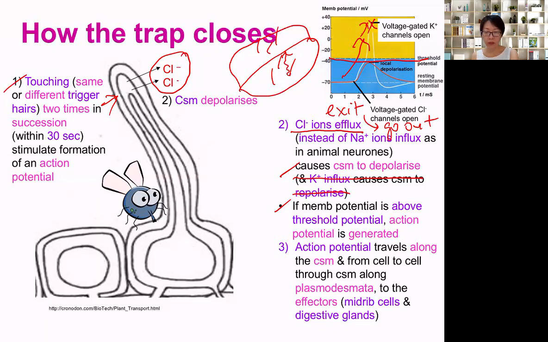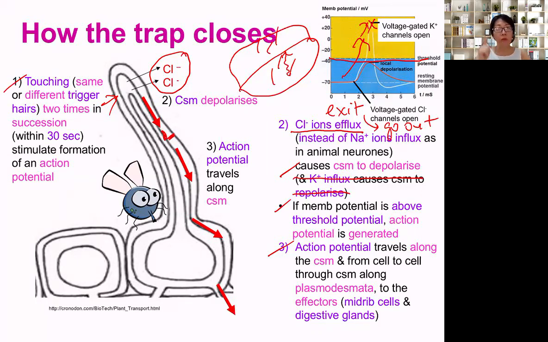Okay. Now, action potential will then travel along the cell surface membrane. Okay, like this. So can you see the outermost region here is the cell wall? So this inner black line is the membrane. So I'm showing you the red arrow is the action potential traveling along the membrane all the way.